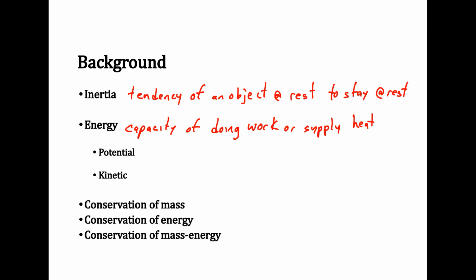But energy comes in a number of forms. There's potential energy, there's kinetic energy, there's thermal energy, there's electrical energy, there's chemical energy. But let's go ahead and focus on the two main types here. We're going to look at potential and kinetic.